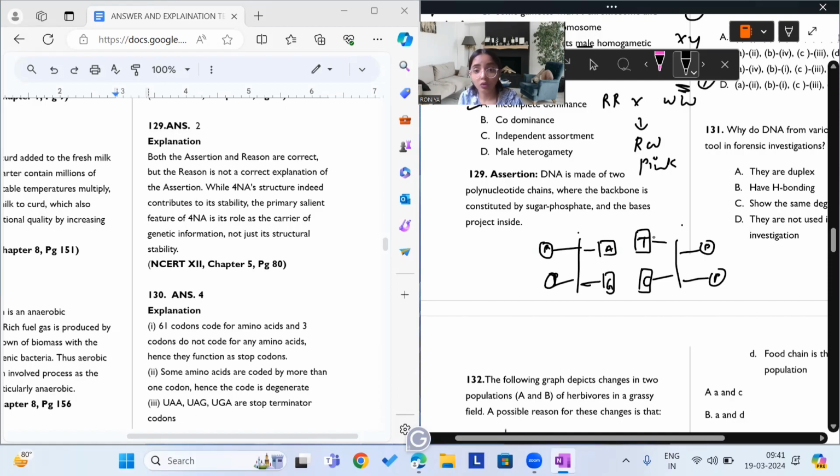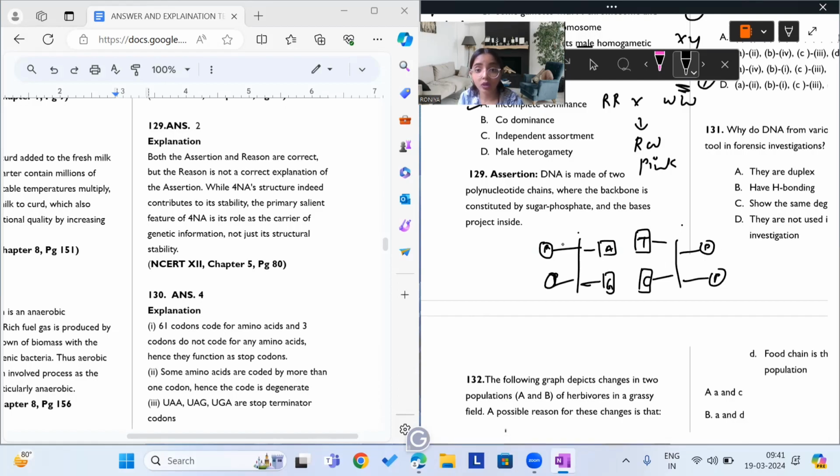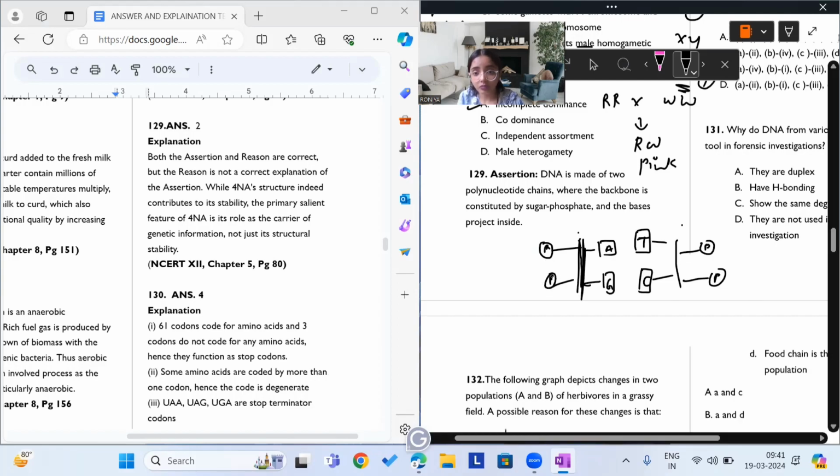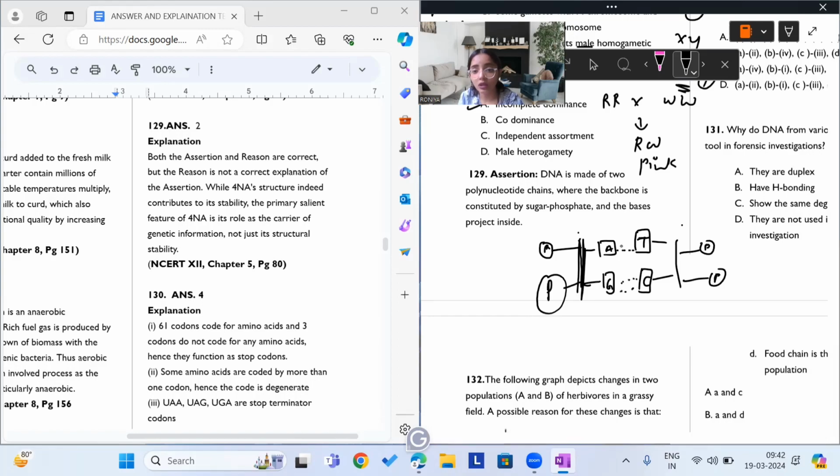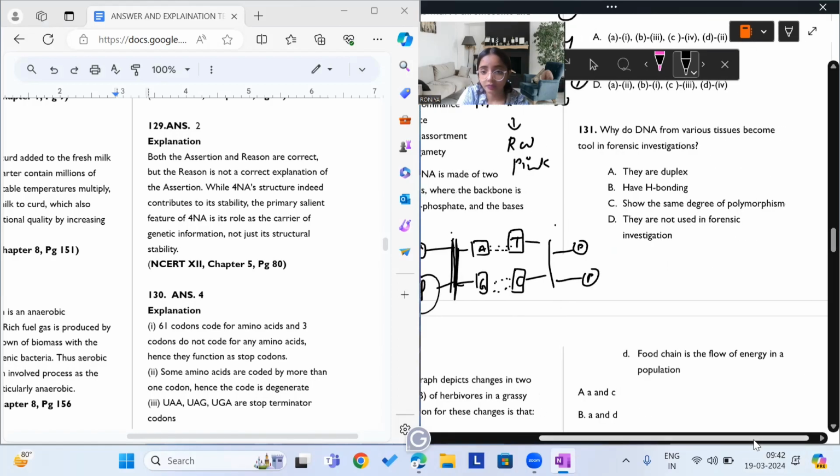Two polynucleotide chains. Backbone constituted by sugar and phosphate. And the bases project inside. See, nitrogen bases are projecting inside. So the statement is correct. My drawing is very bad, never mind. But this is the structure of DNA.